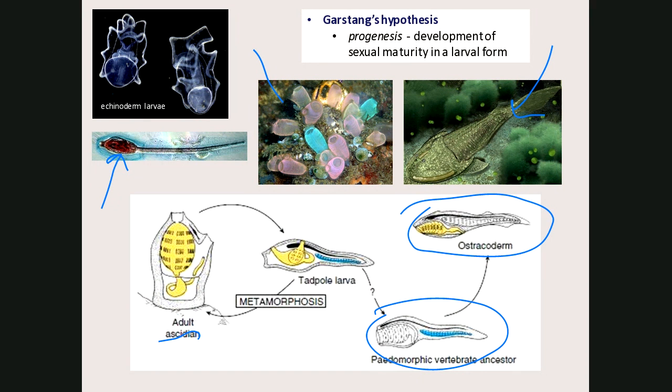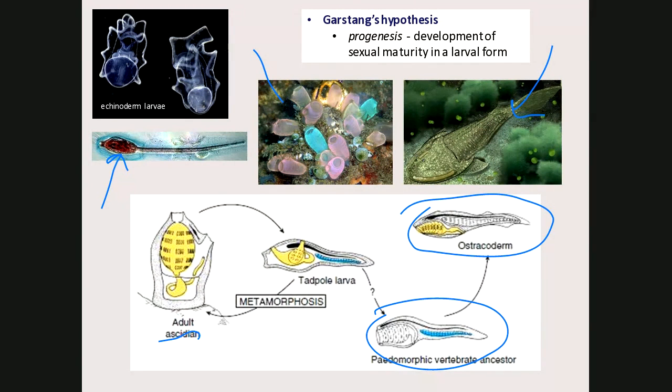This is something we call Garstang's hypothesis. Garstang's hypothesis is a hypothesis to explain the connection between the echinoderm group and the chordate group. Again, it wasn't a matter of an adult echinoderm. It was back at that developmental larval stage.